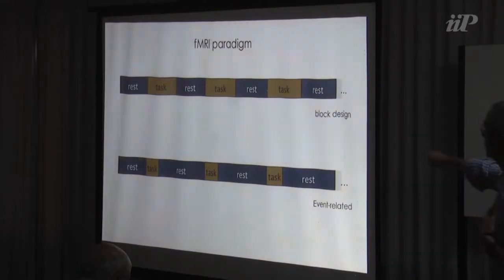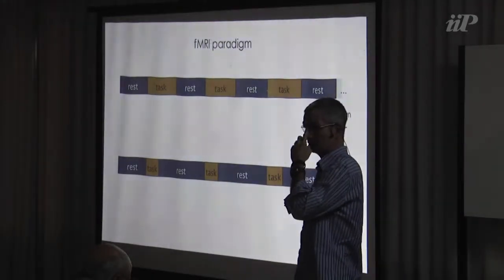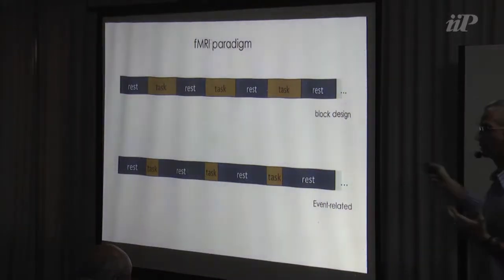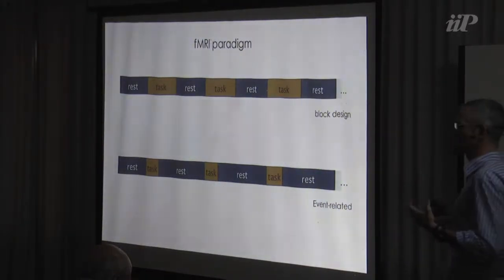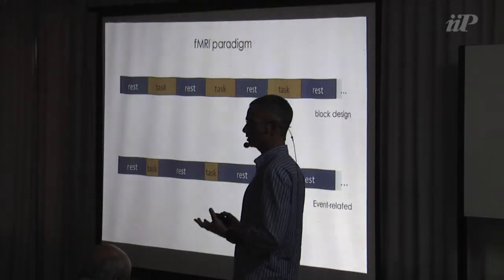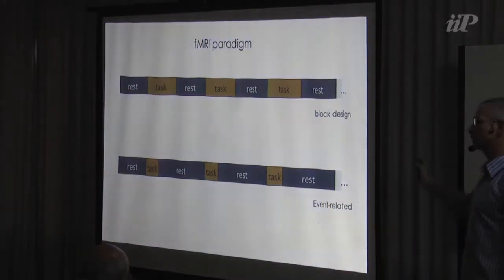What is the main advantage of this? Why do people still use it? Because you have a good detection capability, meaning that this is the best strategy if your question is where things are happening. If this is your question, this is the type of protocol you should use, because it significantly increases the signal-to-noise ratio.